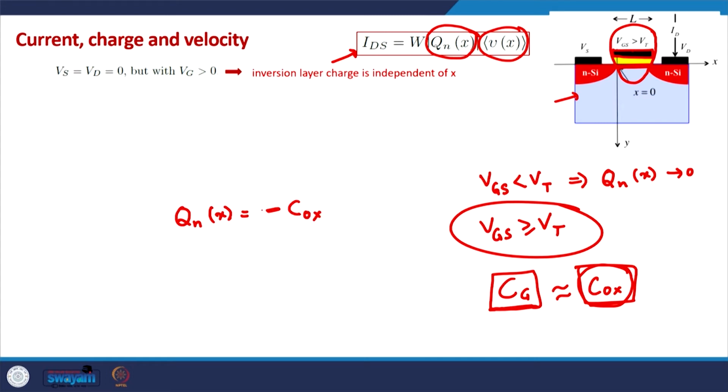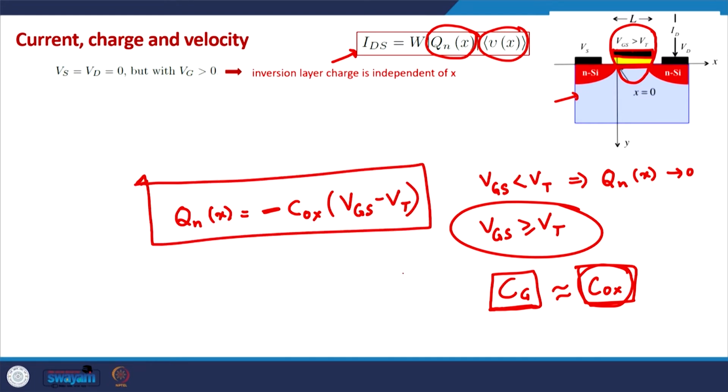The charge that will appear on the channel side will be negative, VGS minus VT, because charge only appears when the gate voltage is above the threshold voltage. So, the voltage that contributes in producing charge in the channel is the voltage in excess of the threshold voltage, which means VGS minus VT.